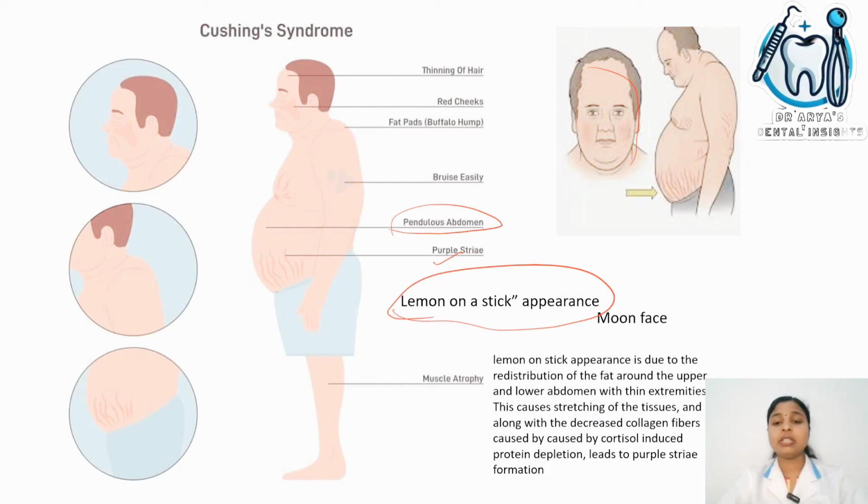So that is the lemon on stick appearance. The main features are truncal obesity or pendulous abdomen, purple striae, buffalo hump, lemon on stick appearance, and moon face, and also thin extremities. So these are the features of Cushing syndrome.